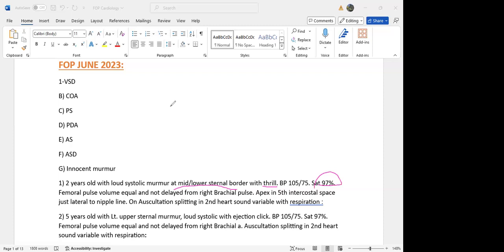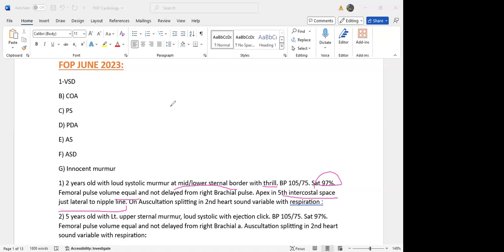Femoral pulse volume equal but not delayed from right brachial pulse. So it means equal. Apex in fifth intercostal space just lateral to the nipple line. Fifth intercostal space means the apex beat is not displaced so much, just lateral.